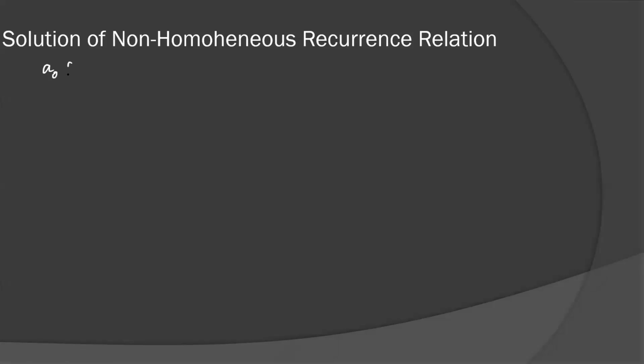So I told you, if a recurrence relation is A naught Fn plus A1 Fn minus 1 plus so on, AK Fn minus K equal to Gn, this is called a linear recurrence relation of order K, if A naught and AK both are non-zero.